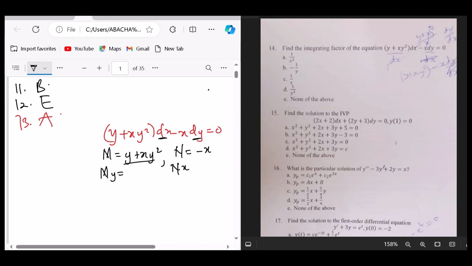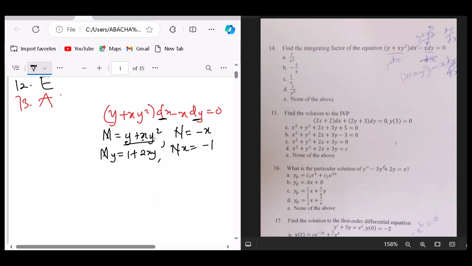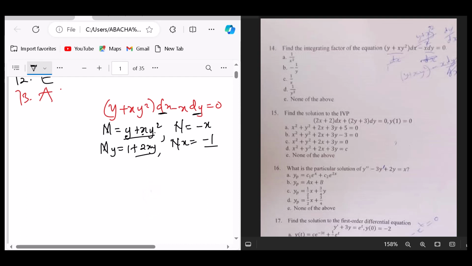If we differentiate, we get 1 plus 2xy, since x is a constant. Now N_x is negative 1. These are not exact because they are not the same, so it's not exact.